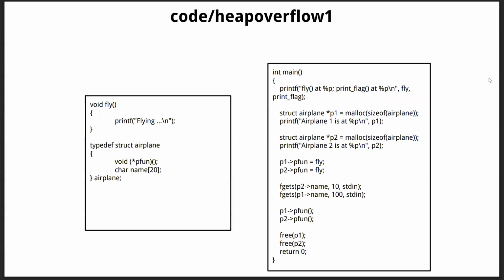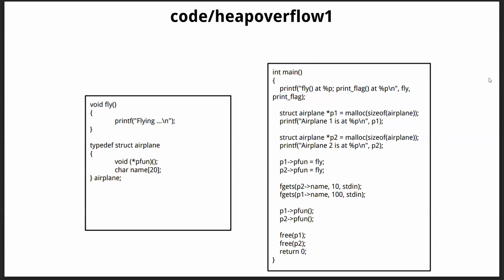This is our first example. We have a main function. We have a function called fly here. We just print out flying. Then we have a data structure here called airplane. The airplane data structure has a function pointer, and it has a buffer.